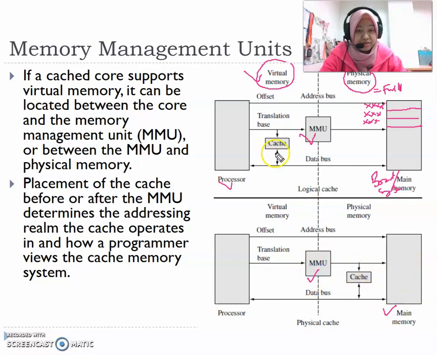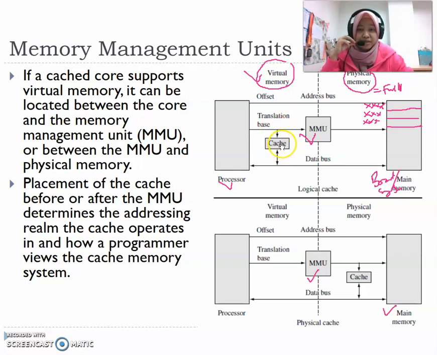So the cache memory can be located here or somewhere here. How can we determine the placement of the cache memory in a system? This depends on the cache itself, on whether the cache core supports virtual memory or not.